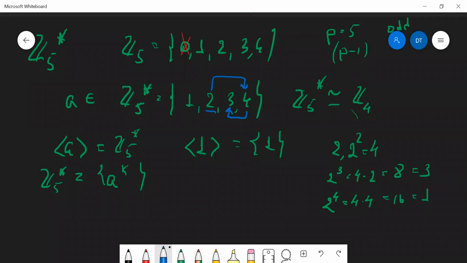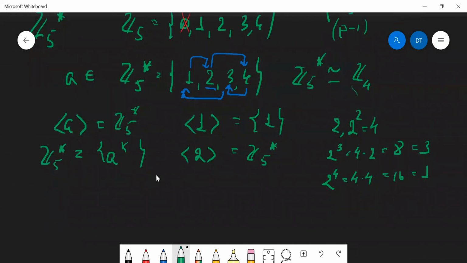So we see that the next power is 1, and then we go like that. So each element of Z5 star is a power of 2. So the subgroup generated by 2 is the whole Z5 star.